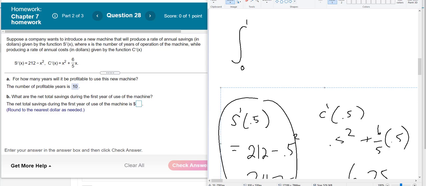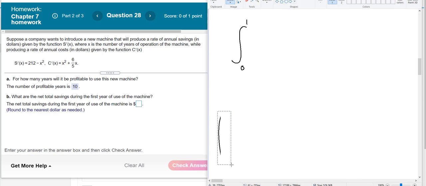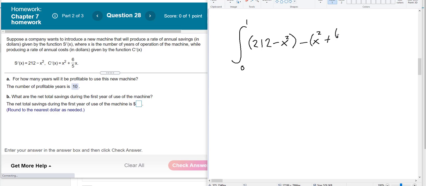Okay? So I am going to take the S curve first. So it's going to be 212 minus x squared minus x squared plus 6/5 x. And then we have to take the integral of that. It's going to add up all the savings for us during the first year.